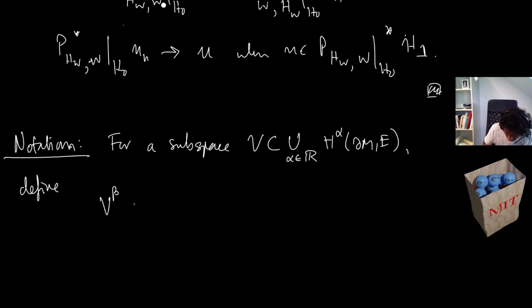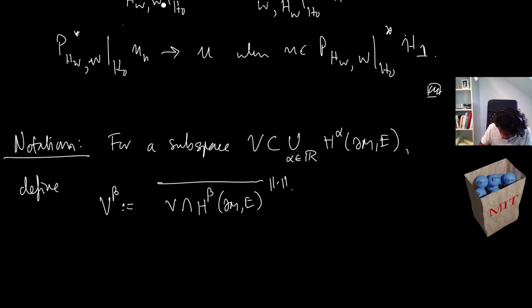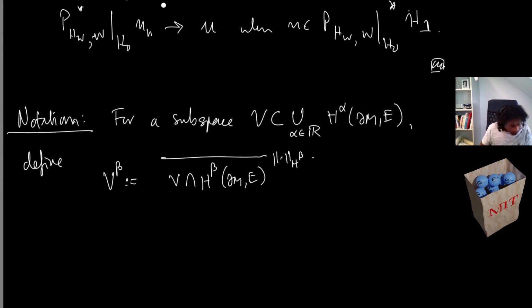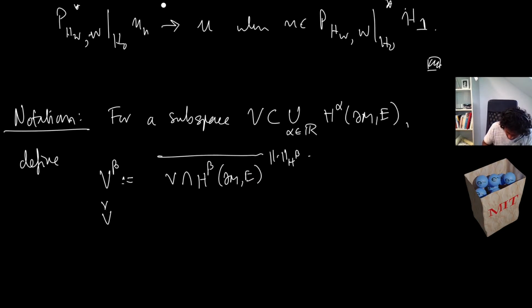So we write V beta to be V intersect H beta of partial M, E, and we take a closure now of this subspace in H beta. And we similarly write V check to be where we take the intersection with the H check space. So I should have said early on that all of this is now done with respect to some background boundary decomposing projector P plus. So maybe I'll say that here.